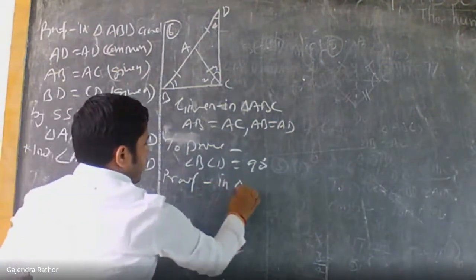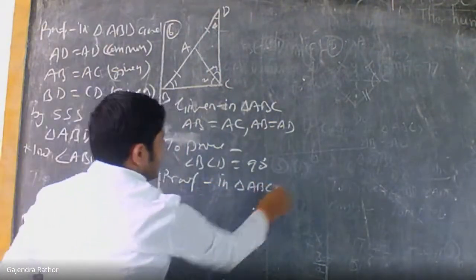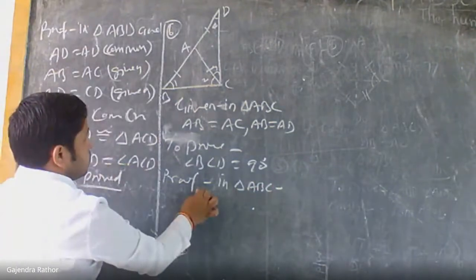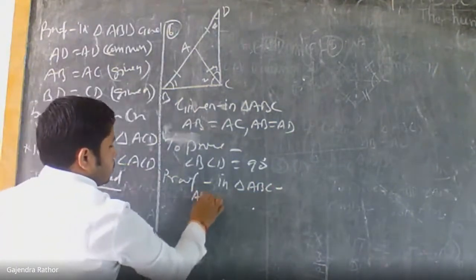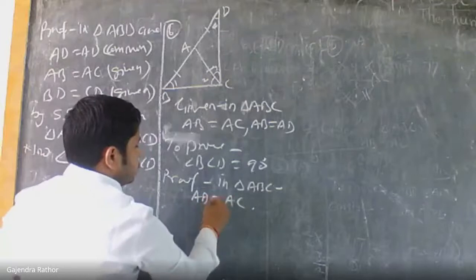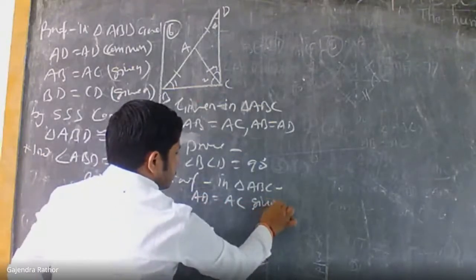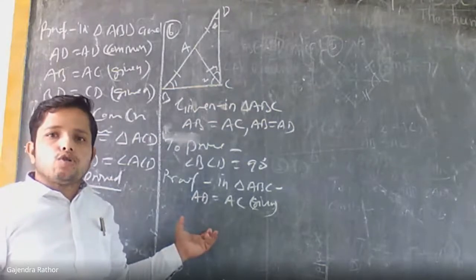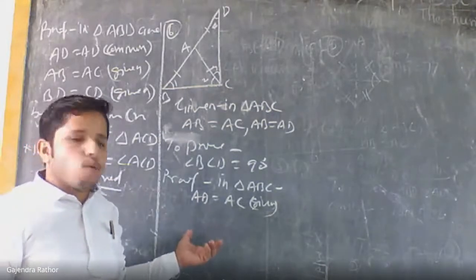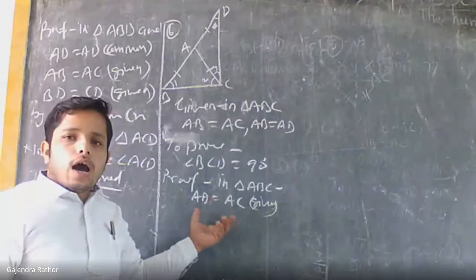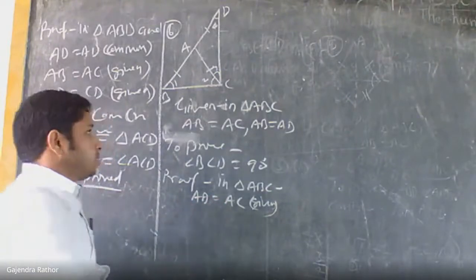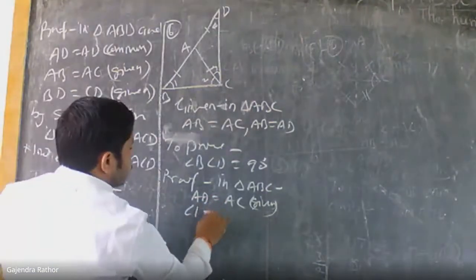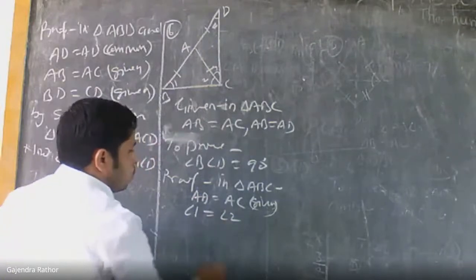Now in triangle ABC, AB is equal to AC. This is given. Now we know that the angles opposite to equal sides are also equal. So angle 1 is equal to angle 2.